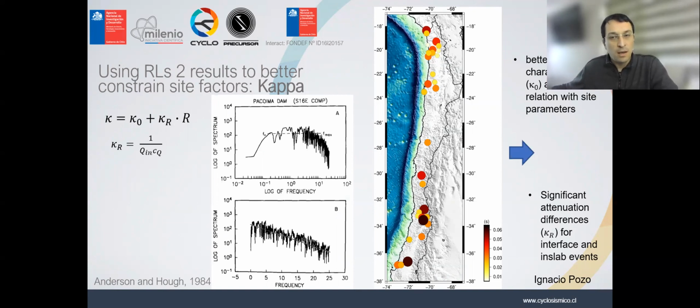He's following several avenues for that, but I'll show you here just the Anderson and Hough approach, where for several stations, he computed the Kappa parameter, and with that, the Kappa naught and the Kappa R. So the Kappa naught can be related to site effects specifically, and of course to local site parameters, which we report in a paper that is forthcoming, and Kappa R that relates to path effects that also has significant results in the sense of the strong difference between interface and in-slab attenuation.